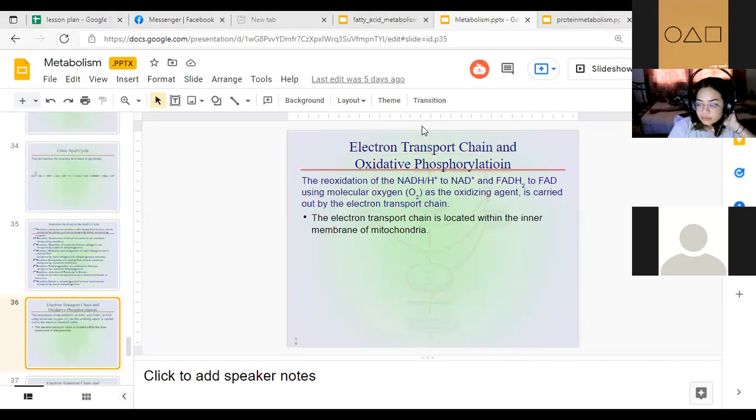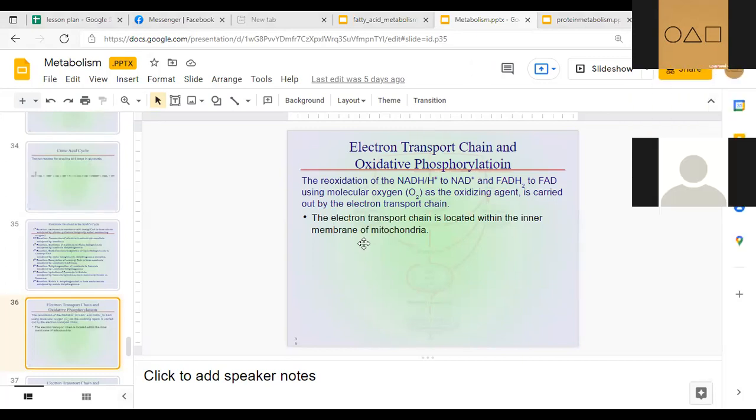In the electron transport chain, the NADH and the FADH2 will transfer their electrons to certain complexes found in the inner membrane of the mitochondria to help produce the ATP. Okay, so again, yung saan mahanap yung mga protein complexes na yan? Nasa inner membrane ng mitochondria.